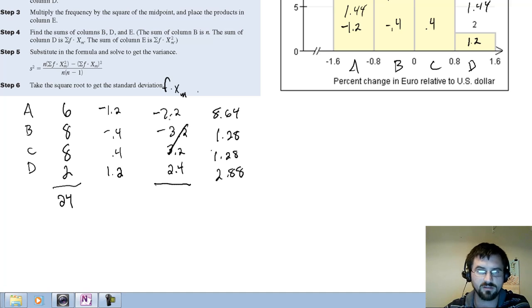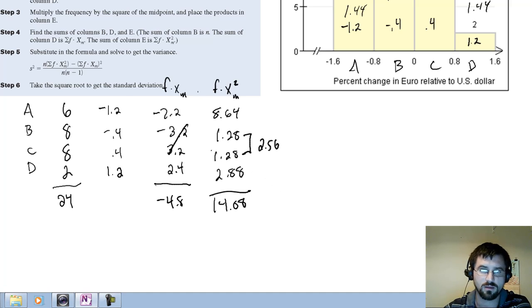They have opposite signs. Now negative 7.2 plus 2.4 is negative 4.8, and then this is 2.56. 2.56 with this is 10.20 plus that is 14.08, and that's the sum of the frequencies times the midpoint squared.